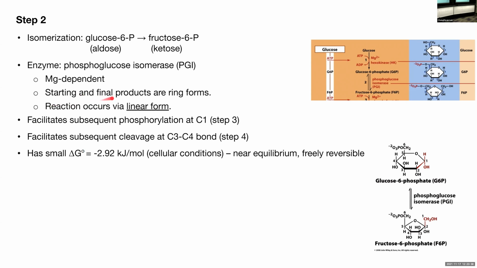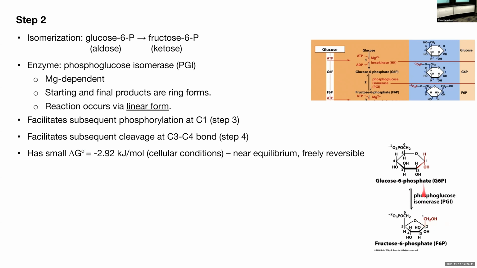The starting and final products are ring forms, as you can see, glucose and fructose, but the reaction occurs via the linear form. So it's not going to be just breaking this up and bonding it as a sort of C5 ring here, but it's going to be complete linearization of glucose 6-phosphate first, and then processing it back to form this. And it facilitates the subsequent phosphorylation of C1 here.